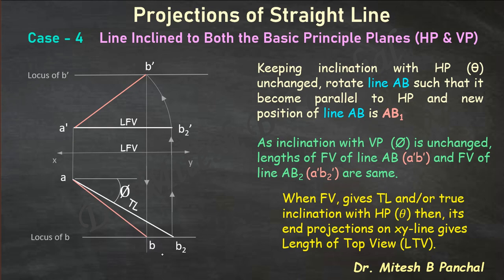So we can obtain the top view of point B. The line joining the top view of point A and top view of point B will give you the top view of line AB. So this way we can obtain the projections of line AB when it is inclined with both the reference planes. So here case 4, that is line inclined with both the basic principal planes, is simplified by considering one by one the line parallel to one of the basic principal planes, keeping the inclination with the other plane unchanged, and we can obtain the projections of a line.